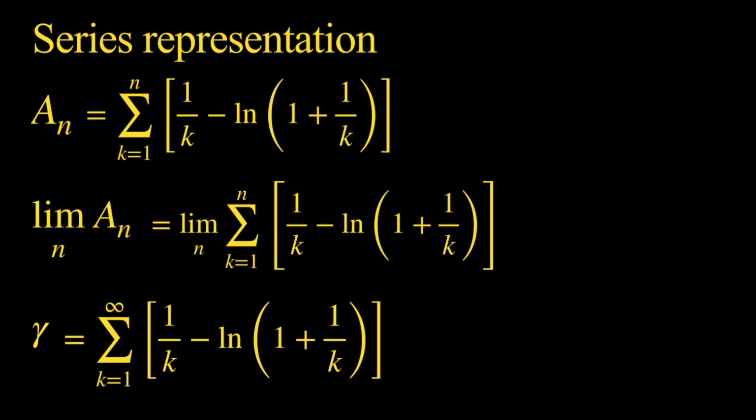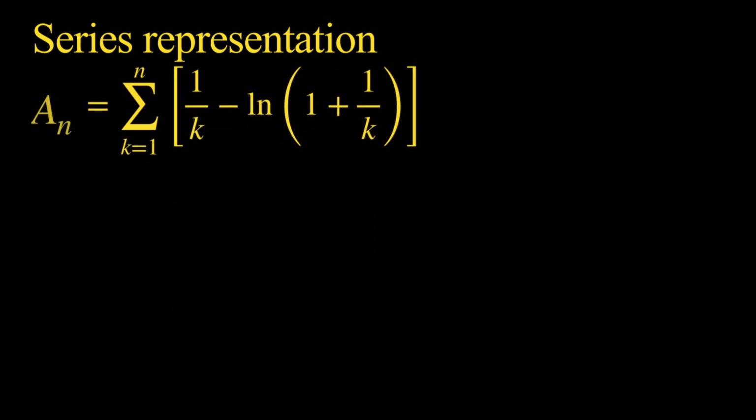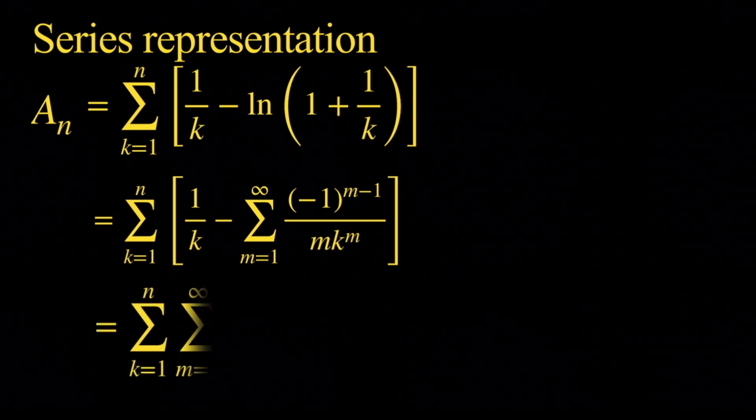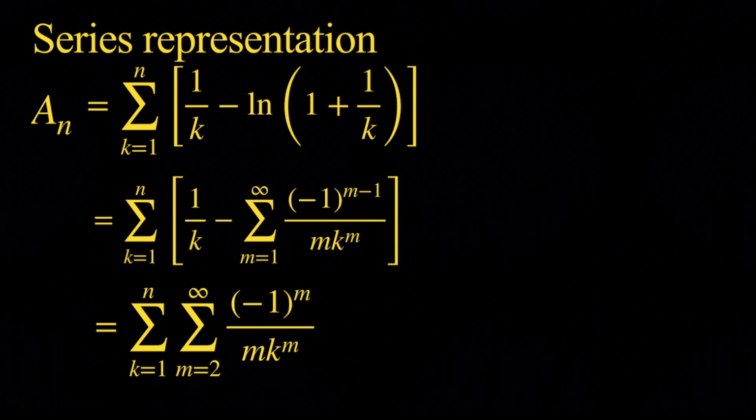In order to do that, we're going to consider a_n again. And then we want to use the power series expansion of natural log of 1 plus x. There. And notice that the first term in our infinite sum is precisely 1 over k. So we can simplify that and end up with the following.